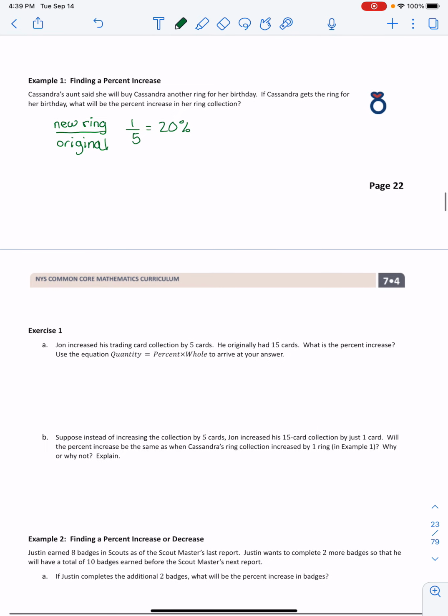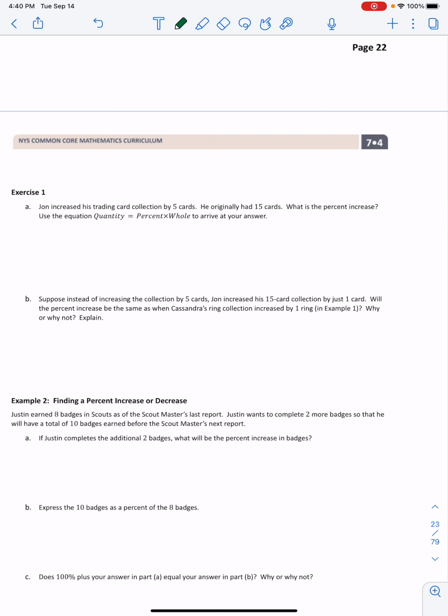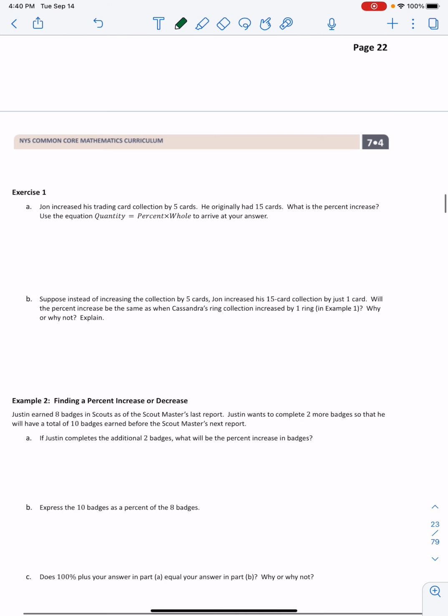So now, exercise 1, we have John increased his trading card collection by 5 cards. He originally had 15 cards. What is the percent increase? Now it's telling us to use this equation, but we're not going to. As always, we're going to use our percent equation.